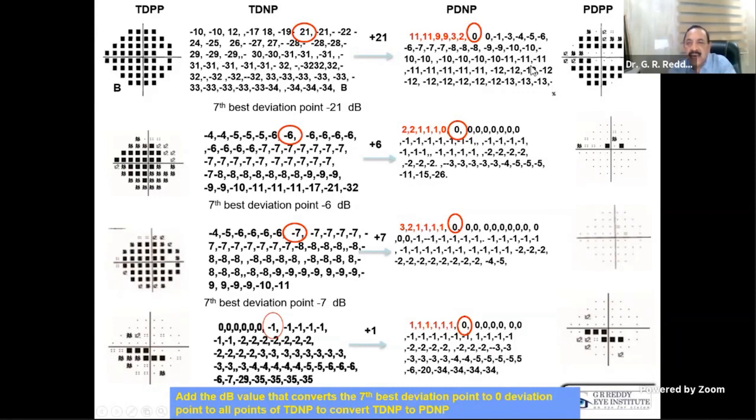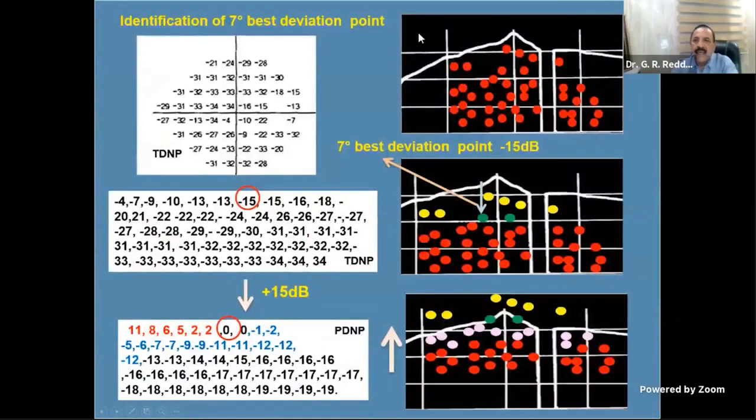That is why if you take the 7th best, 15% of the points will be without any significant p-value. They may be better than normal or on the hill. So during the conversion, always minimum 7 points will be without significant p-value. The pattern plot is always normal. So if you take the 7th best, that is enough.